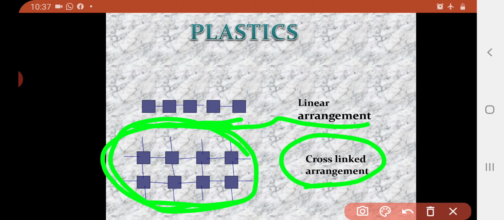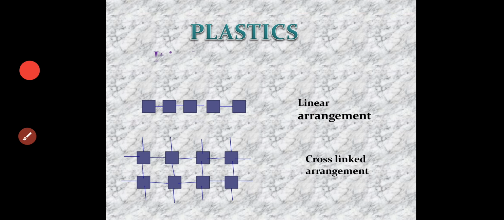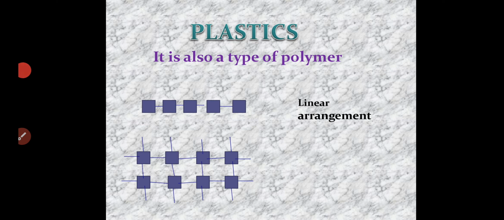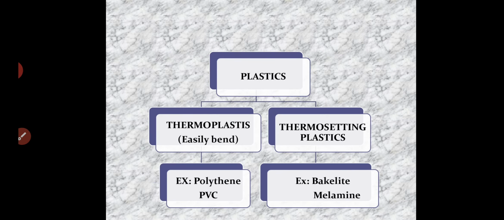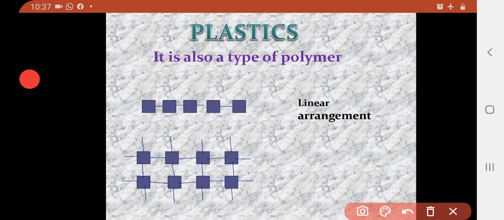So plastic units are arranged in two ways: linear arrangement and cross linked arrangement. So we can say plastic is also a type of polymer.